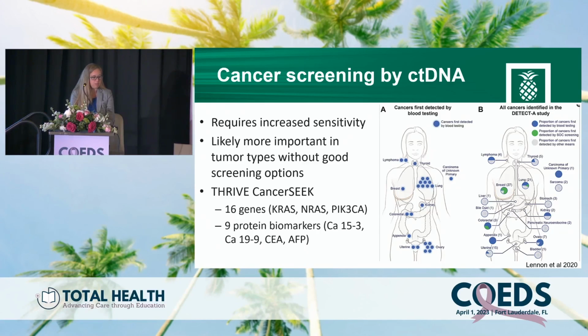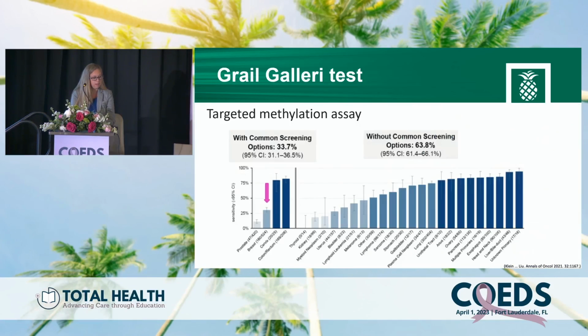And it actually found a number of different cancers. However, I don't think the application is quite as important in breast cancer because we have such good screening. And when you look at the breast group here, most of the breast cancers that were detected during the study were detected by our standard screening techniques and not by this Thrive CancerSeq assay.